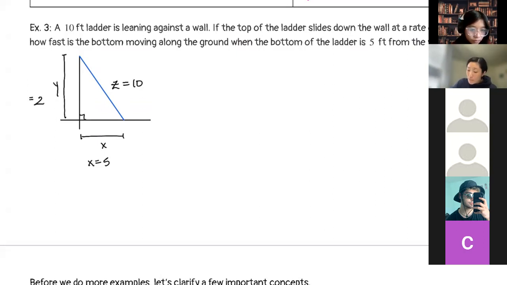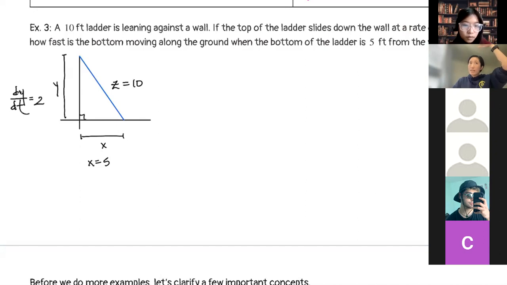As soon as we see that word rate, we want to think derivatives. Okay, exactly. So we're going to say dy because that's what we call that side. If you use h to call that side, you can call it dh. Okay, so dy dt equals 2.